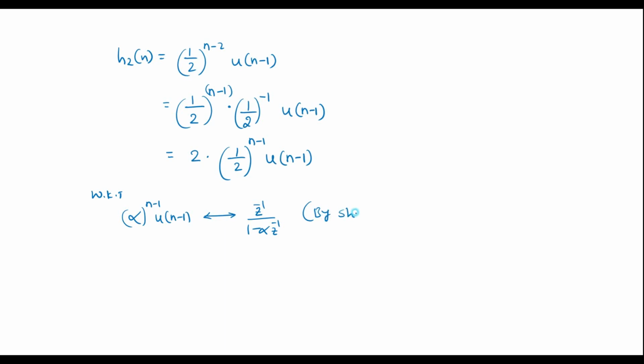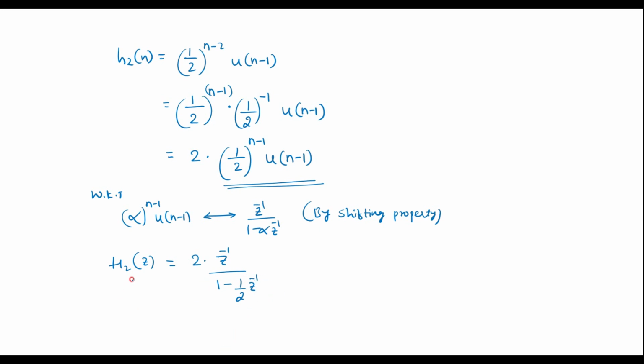Now I will apply the shifting property to this term. I can get the z transform of h2 of n, H2 of z, equal to 2, which is a constant and kept as it is, times z inverse divided by 1 minus alpha, which is 1 by 2, z inverse.